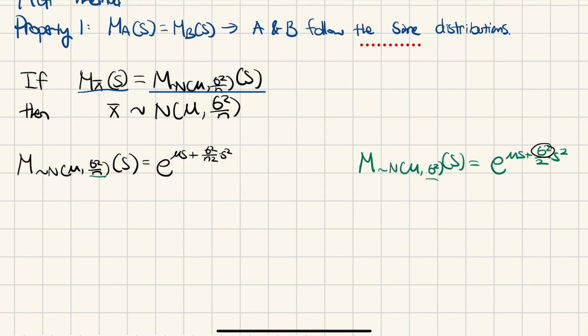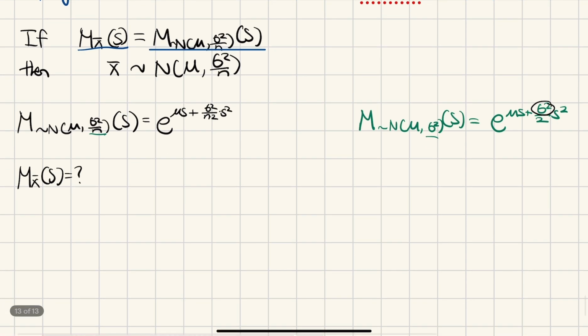But now we're trying to find the moment generating function of x mean, which is not quite so easy. But we can use a property to help us. Let's call it property 2.